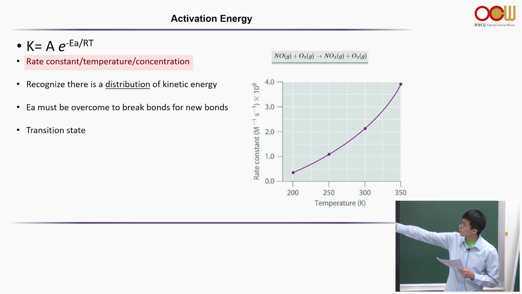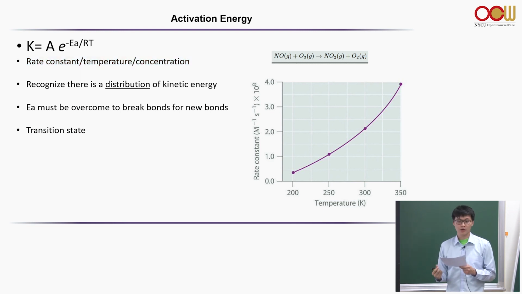So it ties multiple things together, and then we have to recognize that when we have a chemical system, not all the molecules move at the same speed. Some move faster than the others, and they gain this momentum or energy from the surroundings, and so the temperature is a factor that dictates how fast they will move.